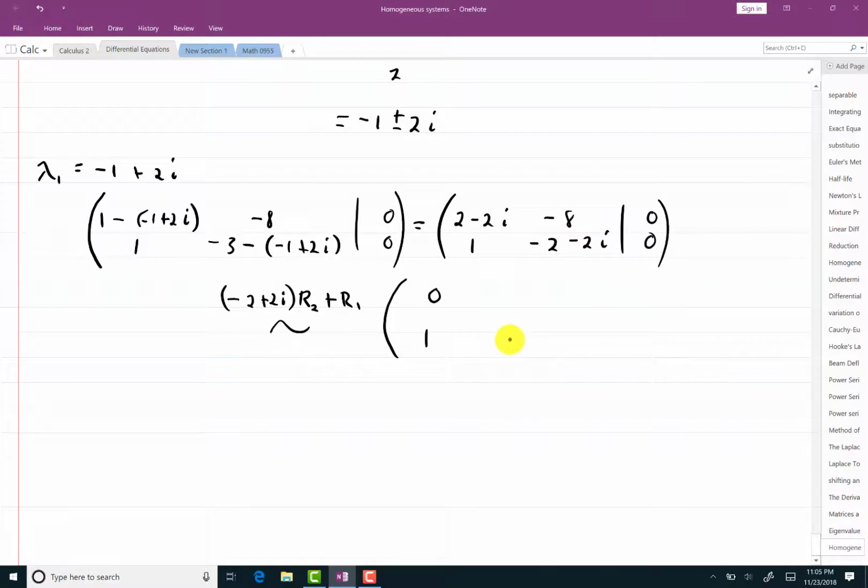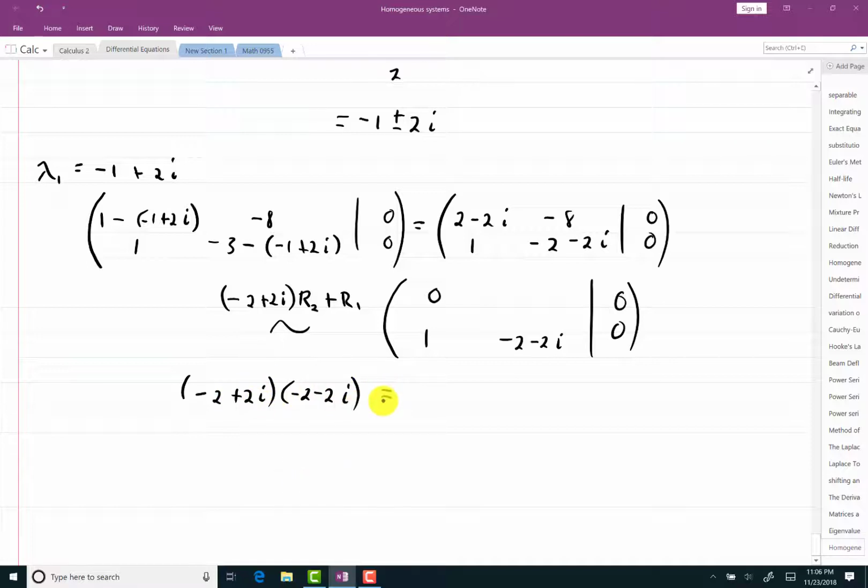What's going to happen on the other one when I do this? Well, I'll have to multiply this stuff by negative 2 plus 2i. So negative 2 plus 2i times negative 2 minus 2i. You may know what's going to happen because you see that I'm multiplying a complex number by its conjugate. That is, you change the i part from positive to negative and you have a conjugate.